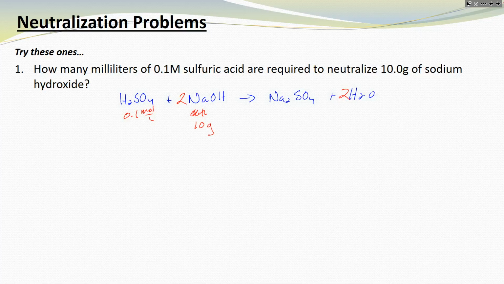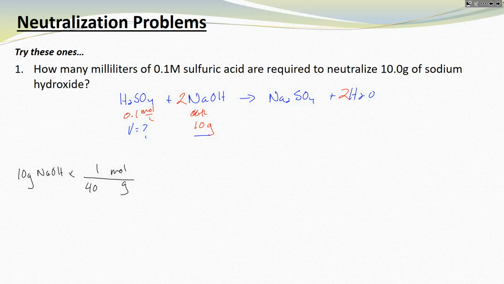From the question, we want to know the volume of the acid. We don't know anything else except for the grams of your base. So using the grams of the base, 10 grams of NaOH, we can actually find moles. We know that 1 mole of NaOH weighs 40.01 grams, that's its molar mass. So this ends up being 0.25 moles of NaOH.